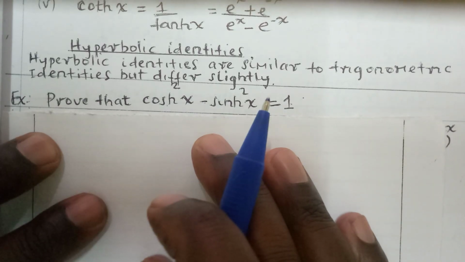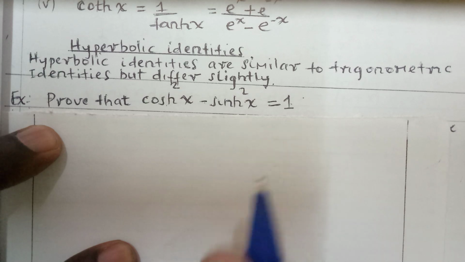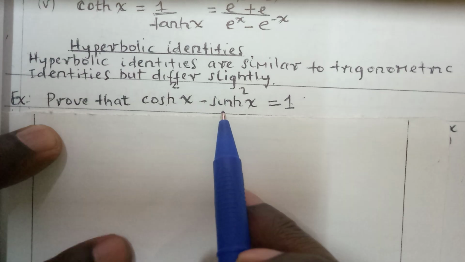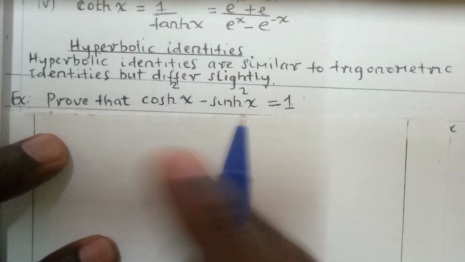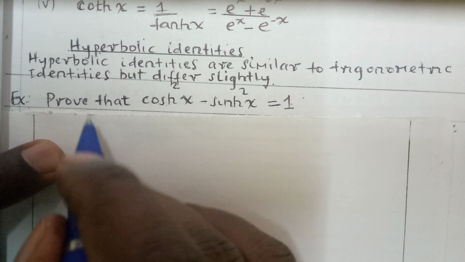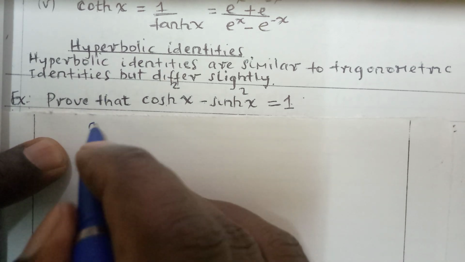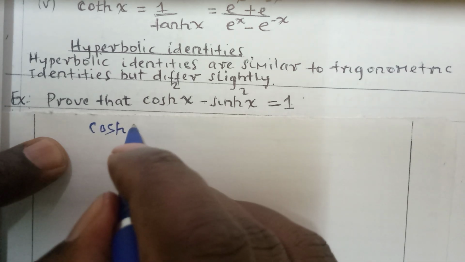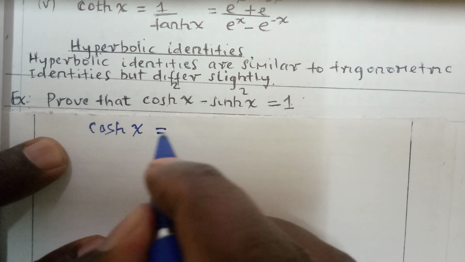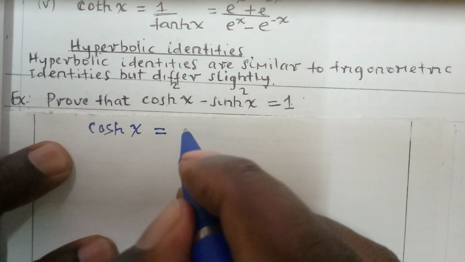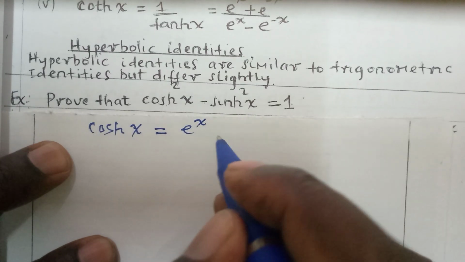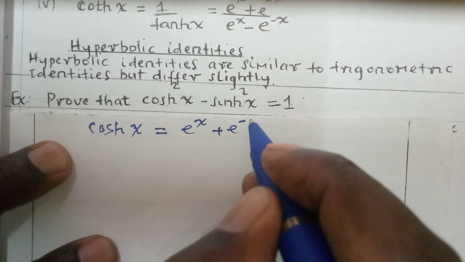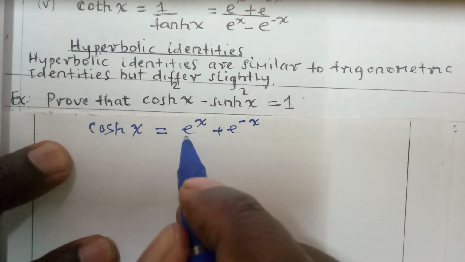So guys, I can first of all write the equations for cosine hyperbolic x and sine hyperbolic x. Cos hyperbolic x is equal to e raised to x plus e raised to minus x, all over 2.